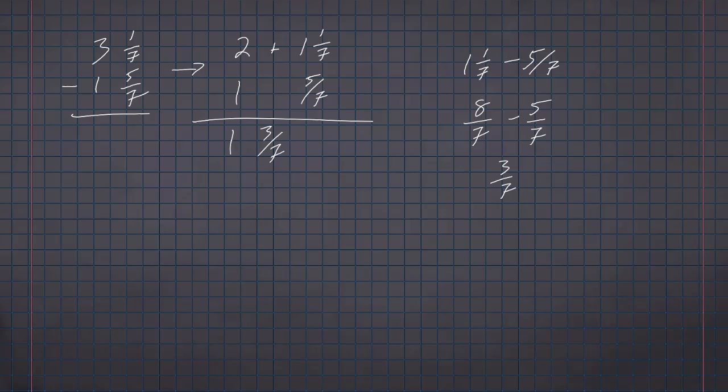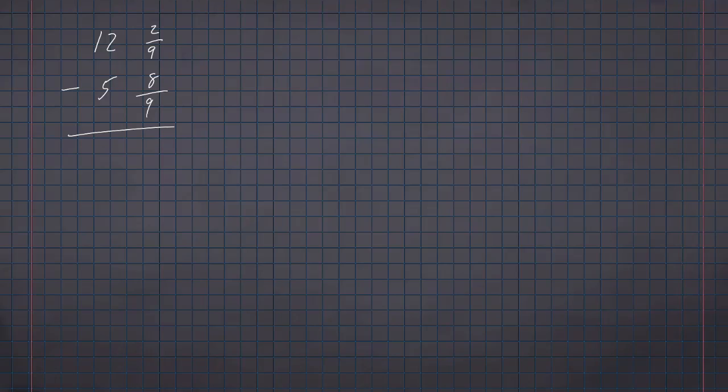I'm going to go through another example like that because it's a little bit messy to see. Consider here 12 2/9 minus 5 8/9.